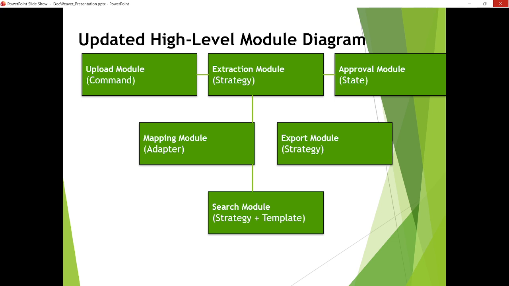Number five, the map to external system module, uses the adapter pattern for clean integration with a CRM or any other external system. Number six, the search module, uses strategy and template method, and supports keyword and metadata search. These modules are independently implemented and testable, which allows multiple developers to work without conflict.